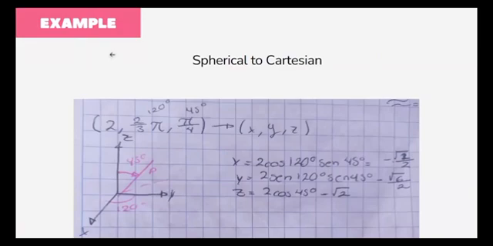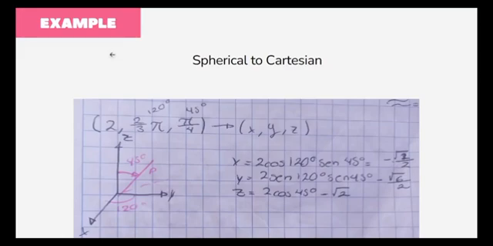Find x, y, z. X is equal to 2 cosine of 120 sine of 45, is equal to negative root of 2 over 2.